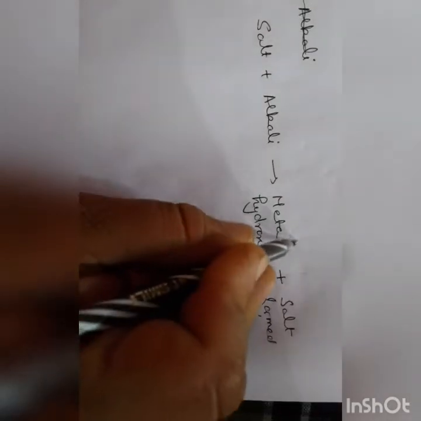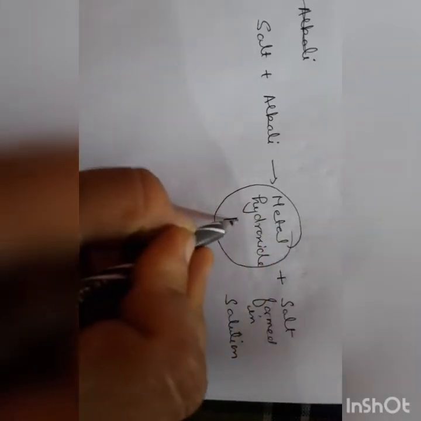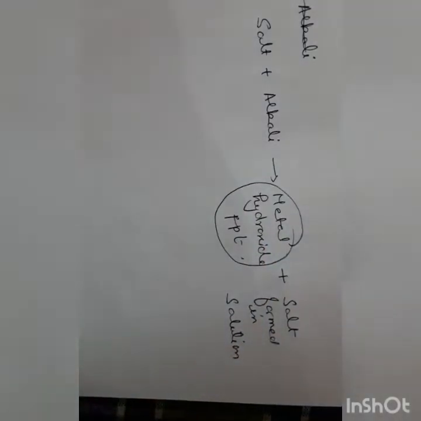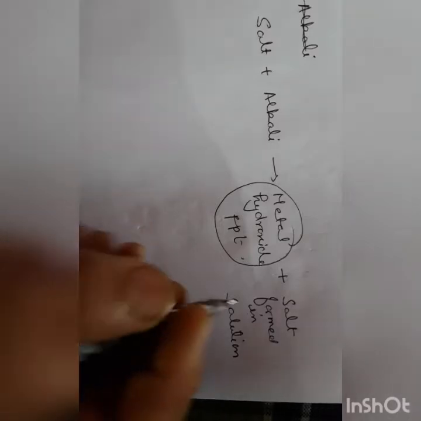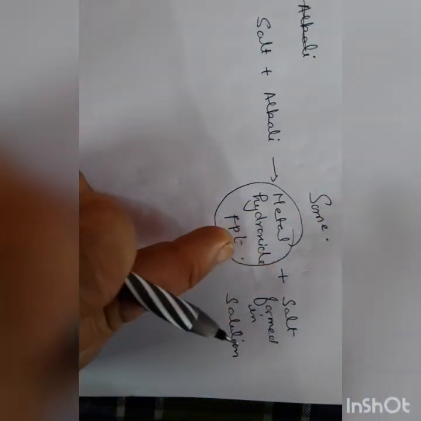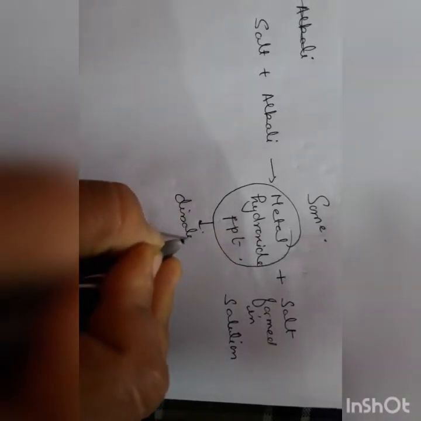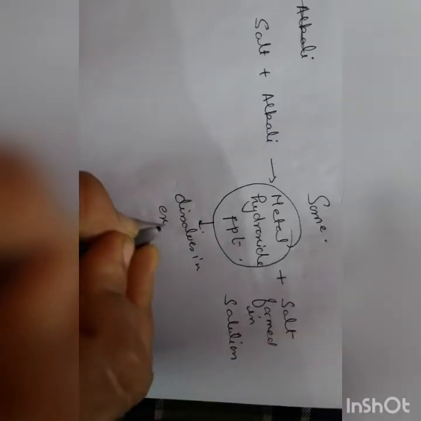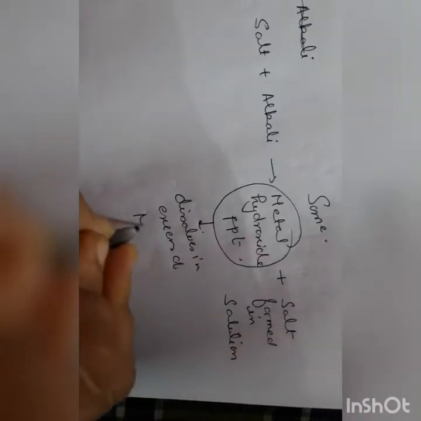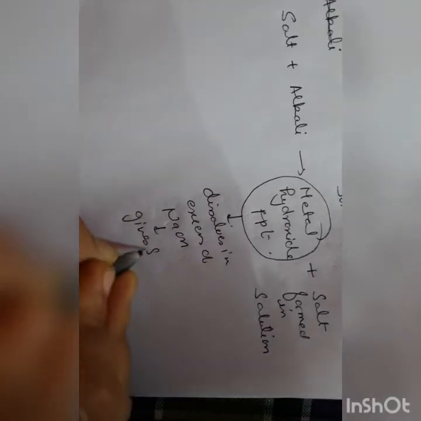Here you will see that metal hydroxide precipitate is formed, and some of the precipitated metallic hydroxides dissolve in excess of NaOH, and they give soluble compounds. Understood?